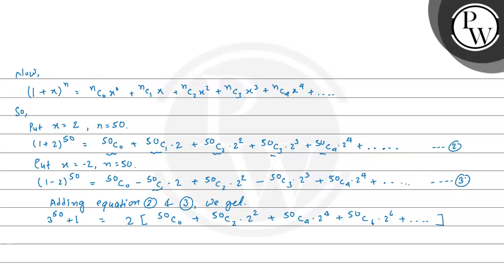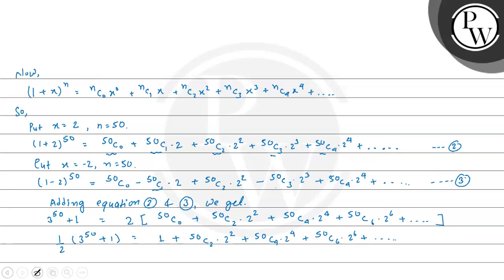So from here, if we divide by 2 on this side, then we will get 1/2 of (3^50 + 1) equal to 1 + 50C2 multiplied by 2^2 + 50C4 multiplied by 2^4 + 50C6 multiplied by 2^6 and so on. We had to find its value.